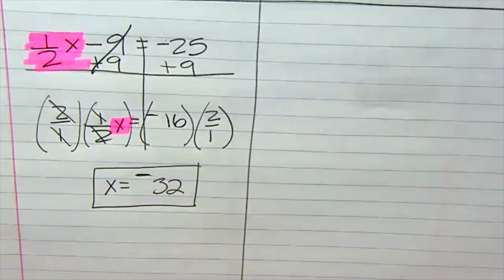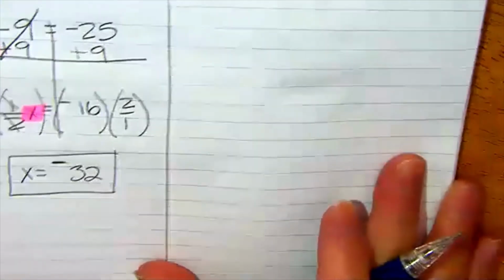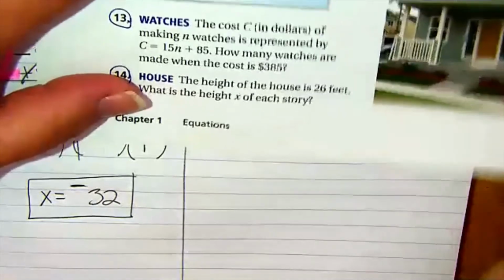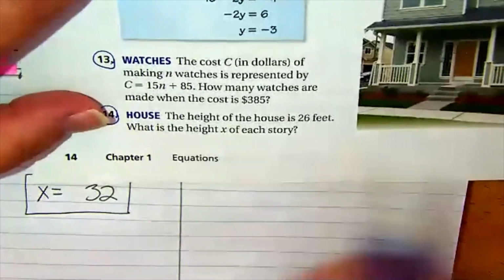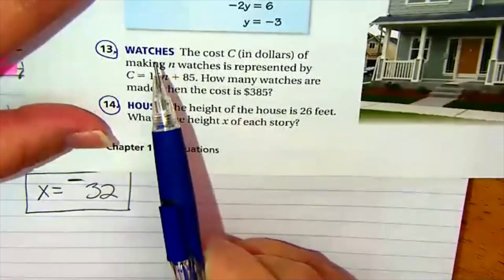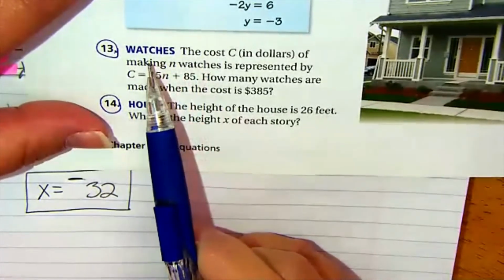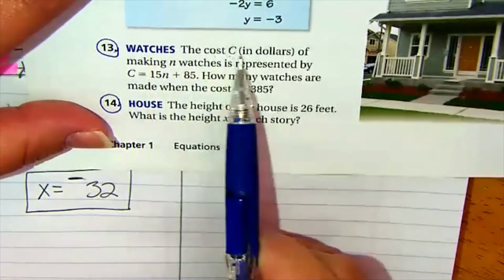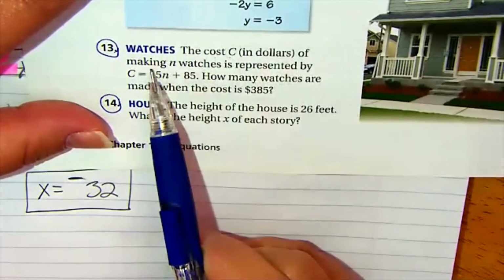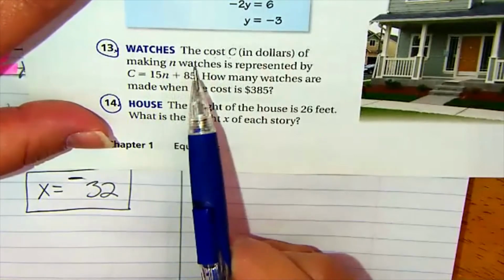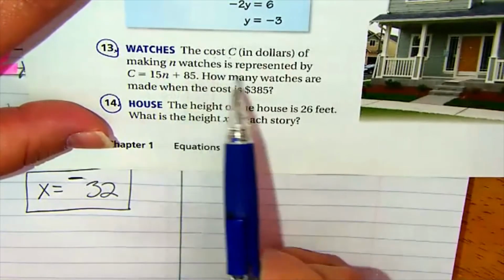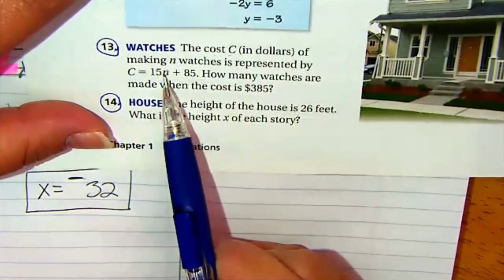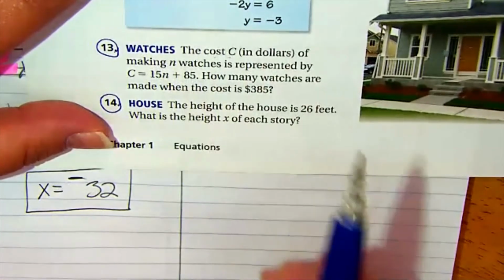Now, that's all fine and dandy. But every once in a while, they like to give us word problems. So let's take a look at this, watches. The cost, C in dollars, of making some number of watches is represented by C equals 15 times N plus 85.